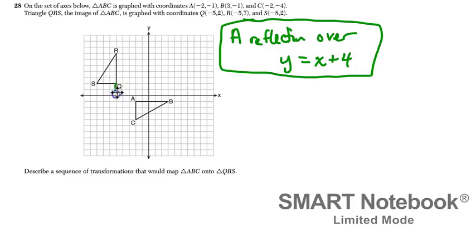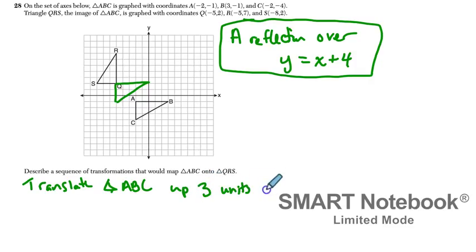So I would translate it 4, 5, like that. So I would say let's start by translating triangle ABC up 3 units and to the left 3 units.